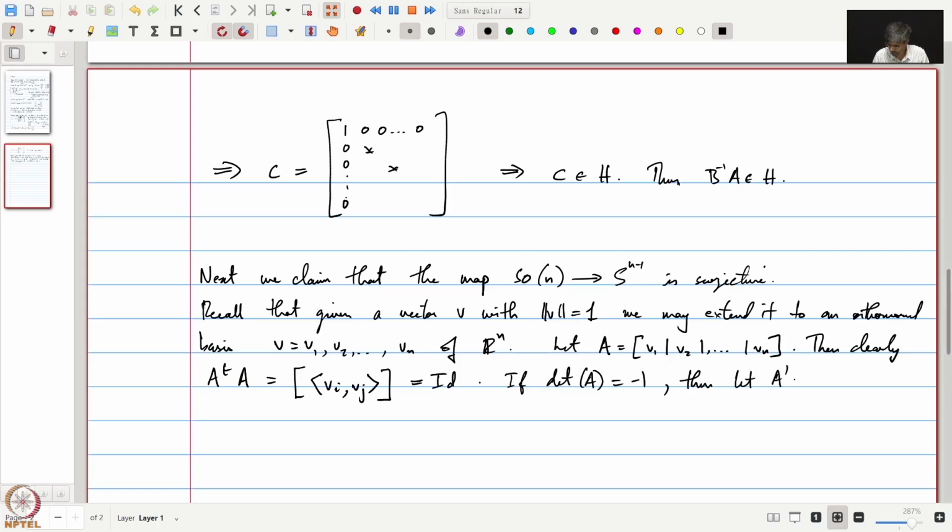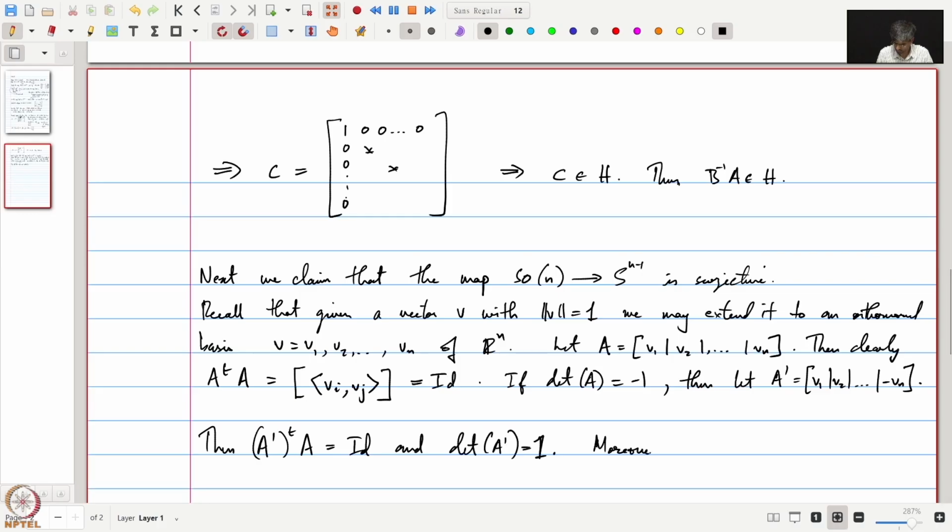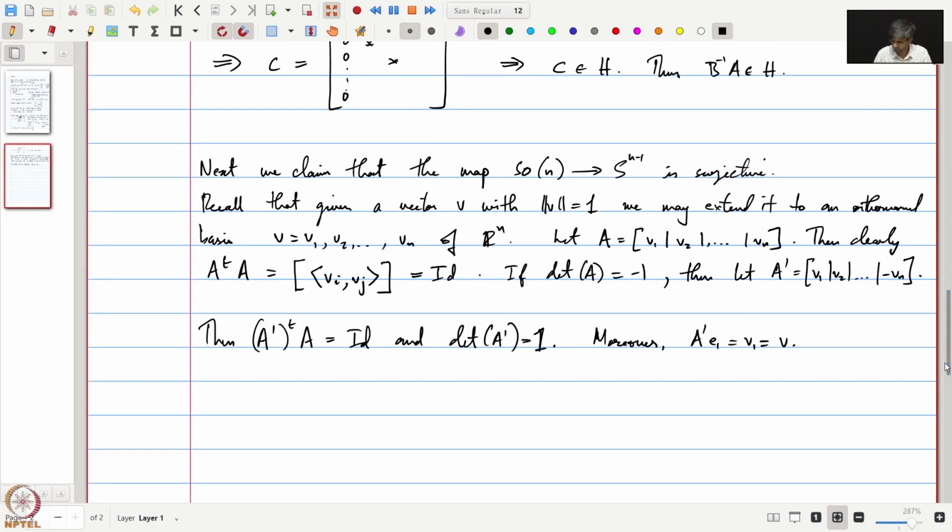Let A prime be the matrix V1, V2 up to minus Vn. Then we easily check that A prime transpose A prime is equal to identity and determinant of A prime is equal to 1. Moreover, the first column of A prime is V1, which is equal to V.